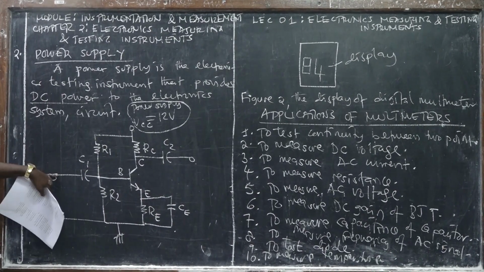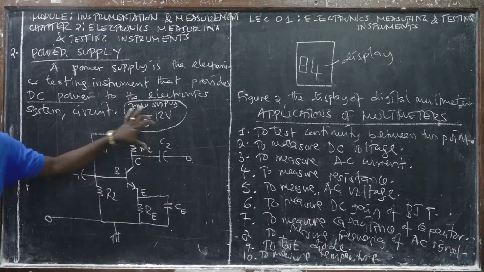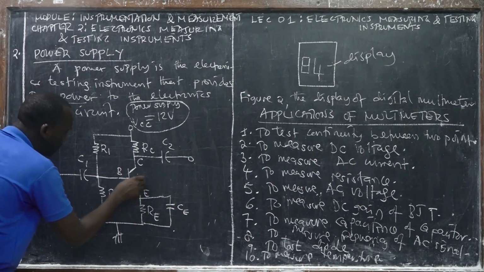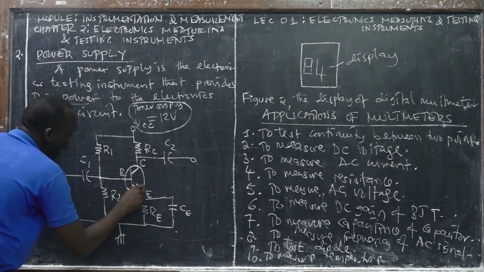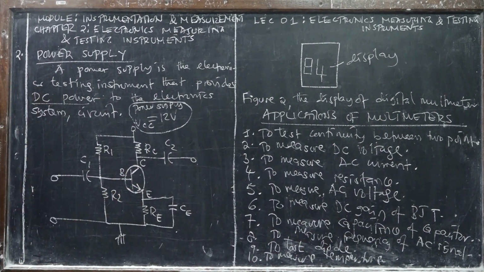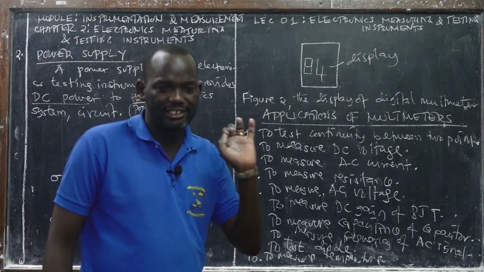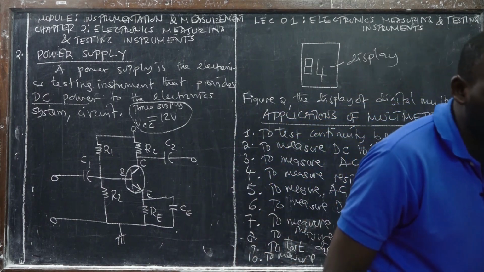Then we need the input. Remember that the main function of this DC supply in this circuit is biasing, to bias a transistor to operate as an amplifier. A transistor can operate as an amplifier, and also as a switch.